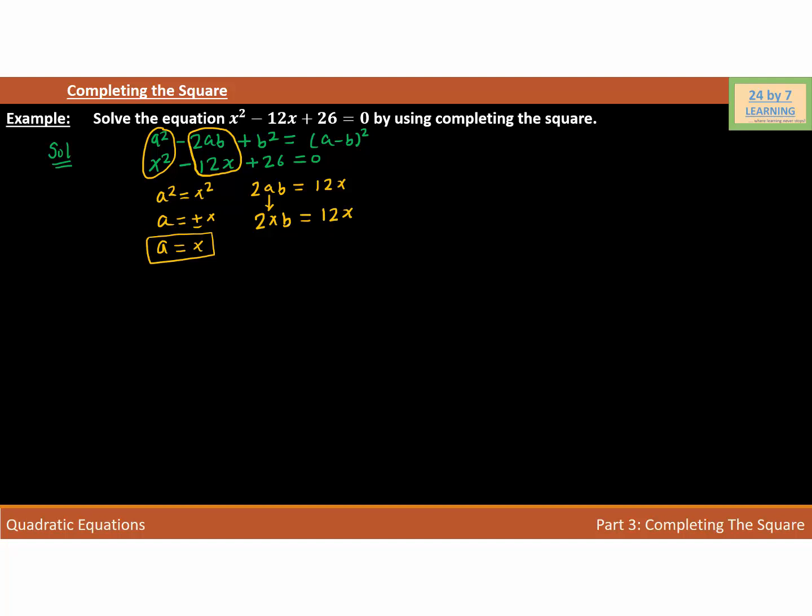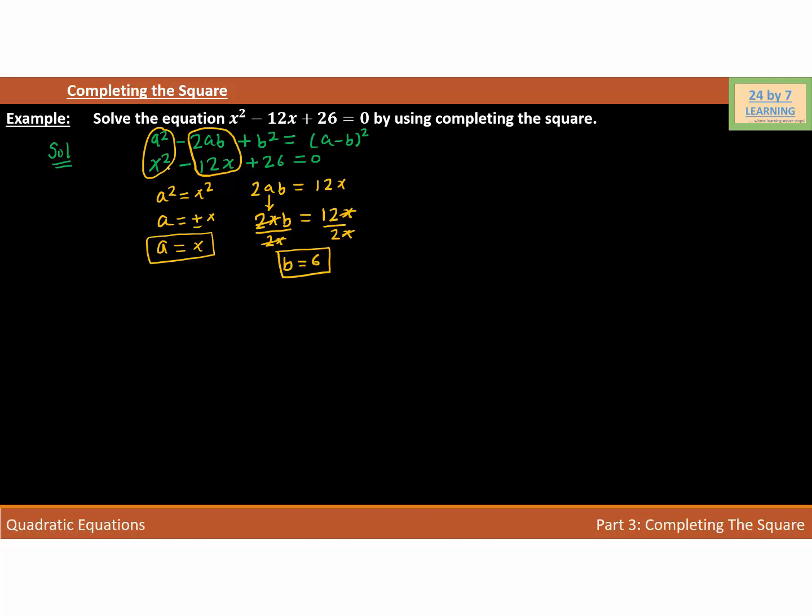I need to find the value of b, so I need to get rid of 2x. So I'm going to divide both sides by 2x. If I do that, the x cancels out and I have b on the left side, and on the right side the x is cancelled out, and 12 over 2 is basically 6. So the value of b for my quadratic equation will be 6.